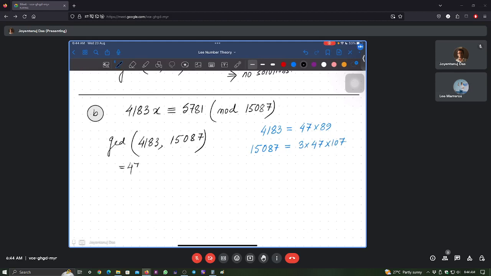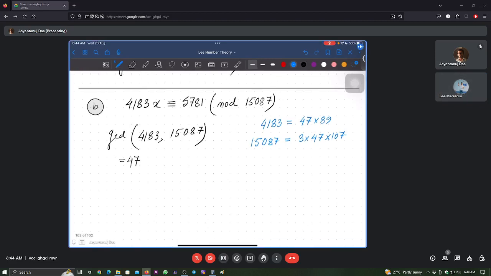So the GCD is 47. And the third one, 5781, is 3 times 41 times 47.